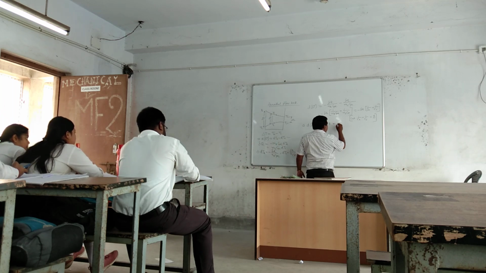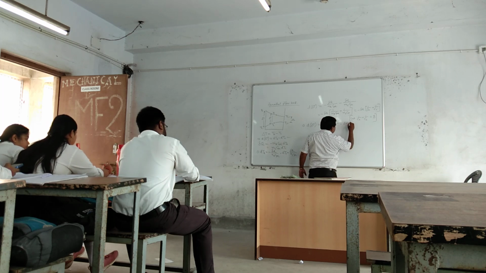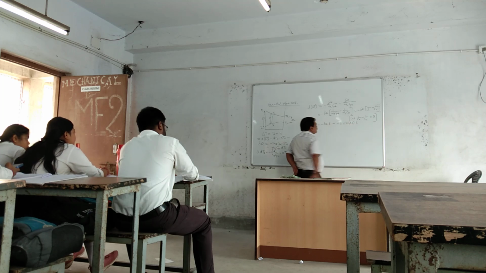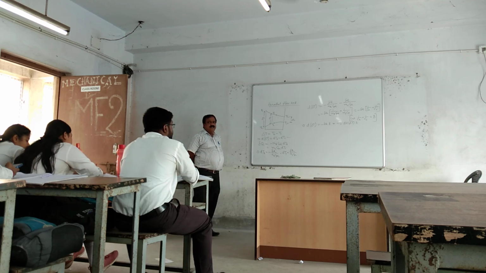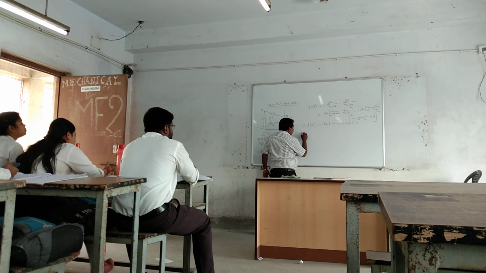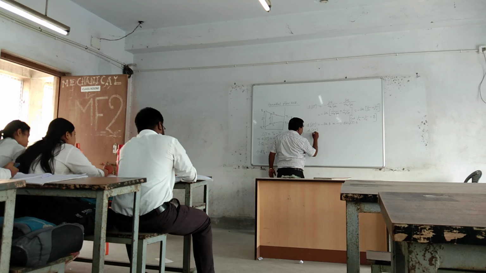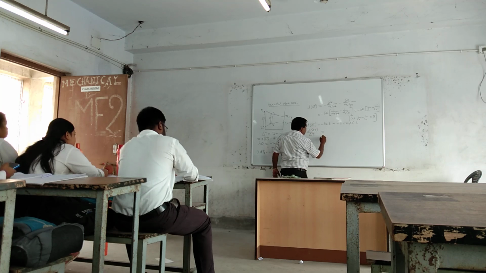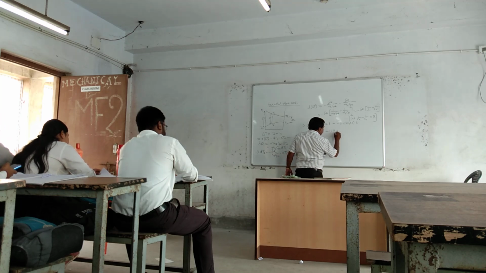That is minus U dA delta T into B. Can you write this? Yes. Now this could be written in this way: d delta T by delta T, which is equal to minus U B dA.